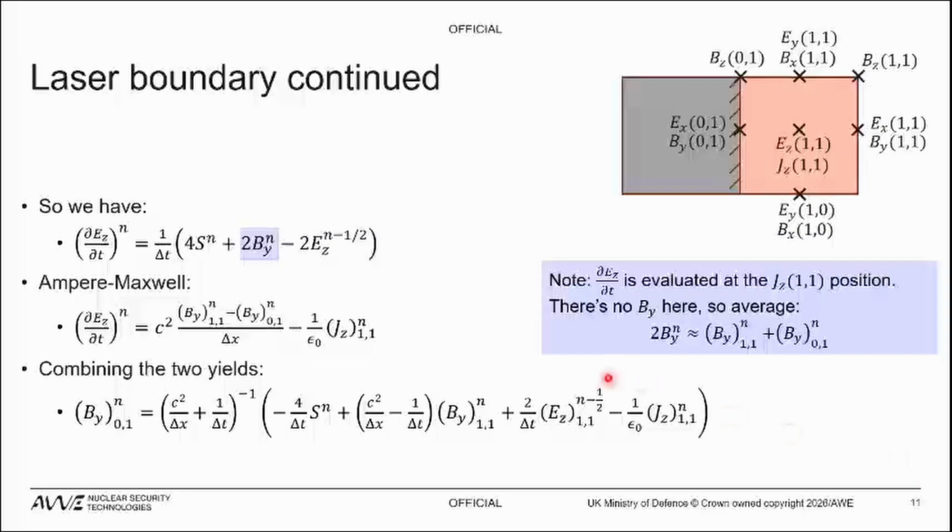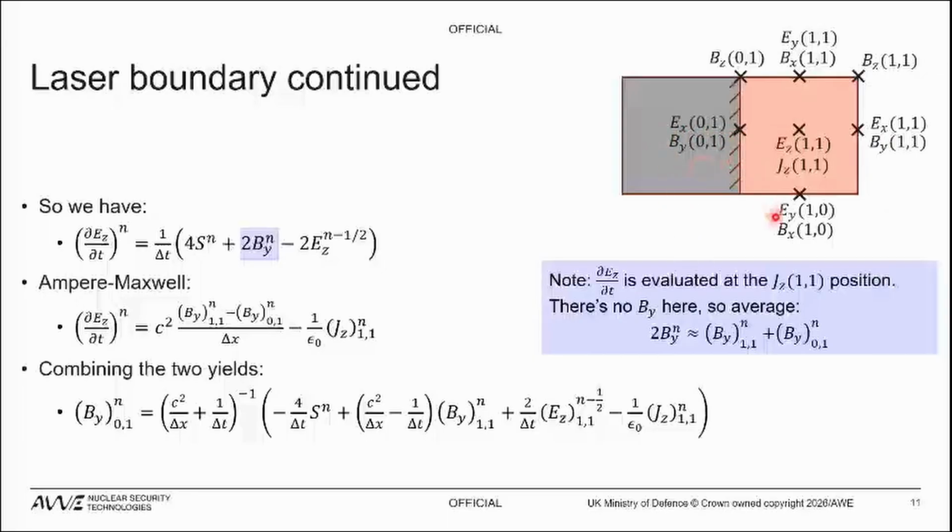So while we do know the magnetic field at this time step, we don't have it evaluated at this position. But what we can do instead is we can take an average. We can say that the magnetic field here is equal to the average of this magnetic field and this magnetic field. This is the magnetic field we want.